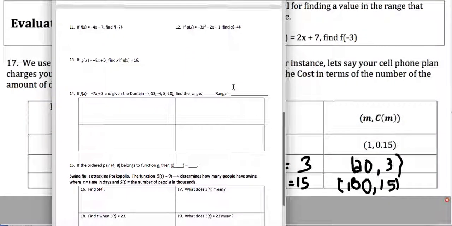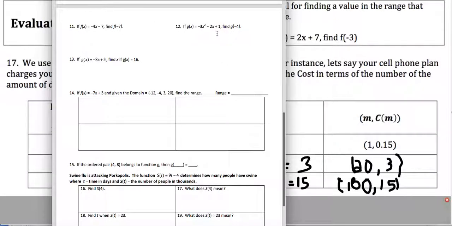And then down here, you see there's that substitution, f of -7, you're replacing x with -7. But here, which we didn't show an example of, it says g of x is equal to 16. So this is really saying to replace this whole quantity, not just x, but that whole quantity. So you're going to be working in a different manner.